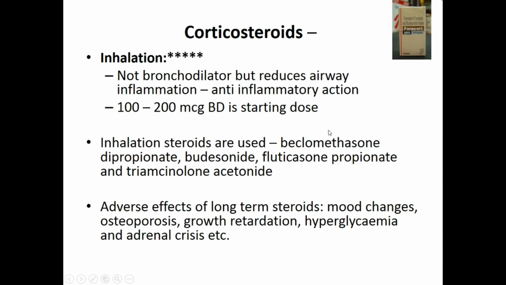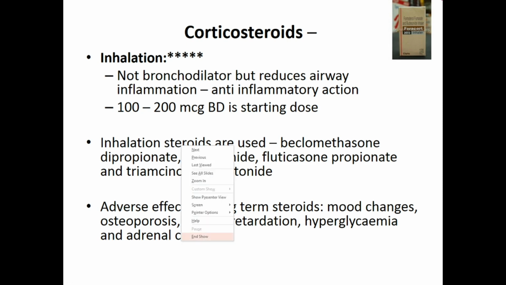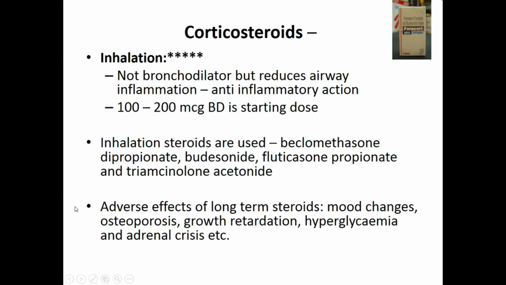But in the long run, if you are giving too much of corticosteroids, then adverse effects are mood changes, osteoporosis, growth retardation, and adrenal crisis. Okay, so we'll learn more about corticosteroids when we are doing corticosteroids itself.